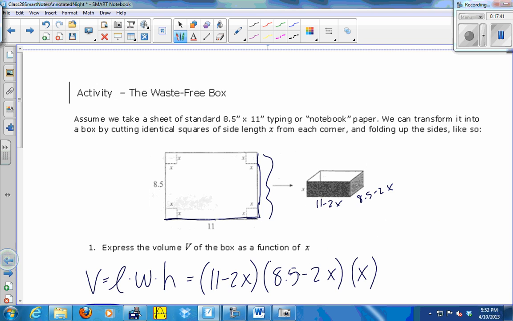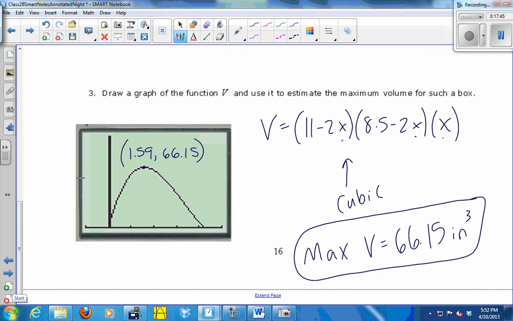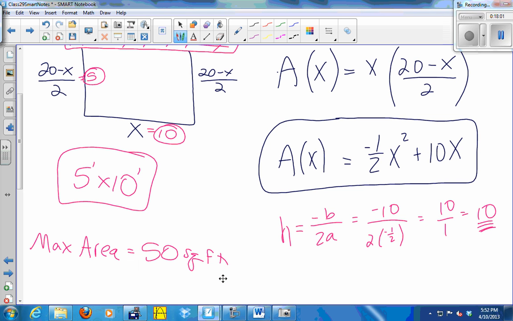All right, so that's enough. We don't have to go through the whole rest of it. But that's the general idea of the first part of today's lesson: using something geometric, or something in real life, to write a formula for a function that models it, whether it's a rectangular garden or a box made of paper.